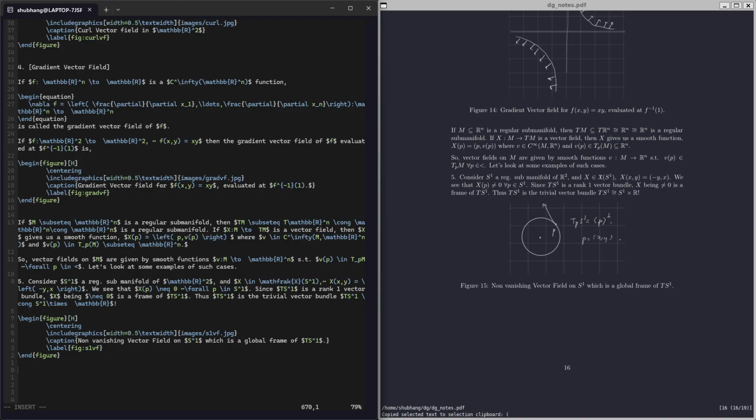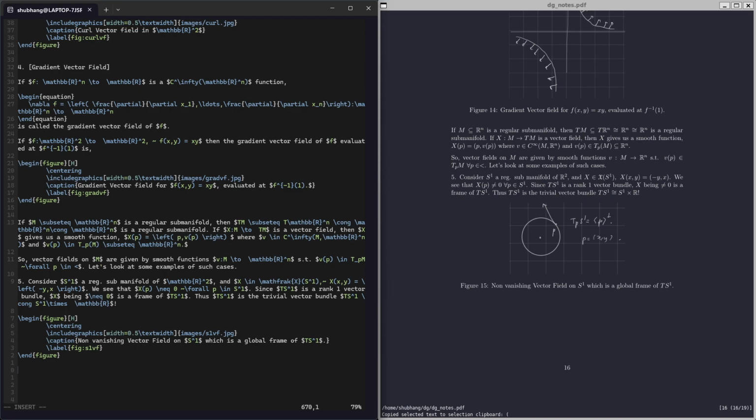Is it parallelizable? That's the term, parallelizable. Can you globally define a frame? That's the basic essence of all. Can you globally define a frame over all this surface? Apparently in TS1 you can, which is precisely the vector field minus y comma x, a global frame because it doesn't vanish anywhere.